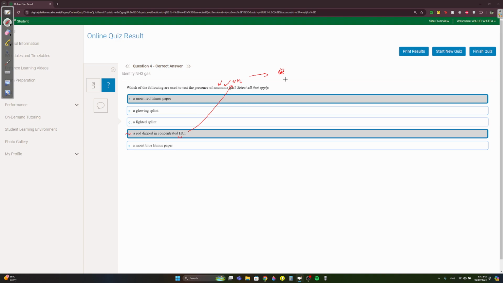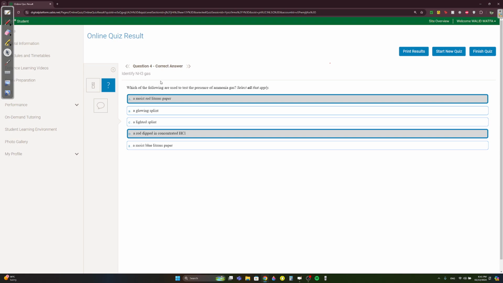Wait, hold on. Yeah, they form NH4Cl and water. When you mix these two together, the NH3 takes the H, becomes NH4, and a Cl, and you get water. Anyway, that's how it works. You get NH4Cl when you dip it in HCl. I'm not sure that's correct, but I think that's why.